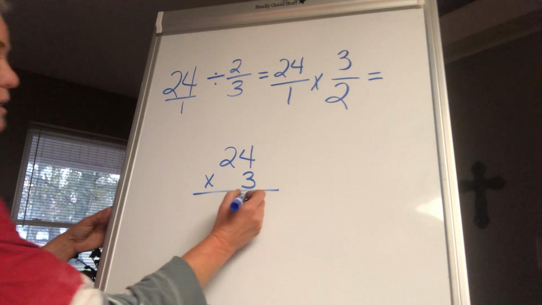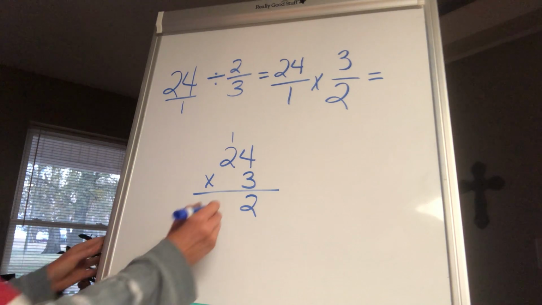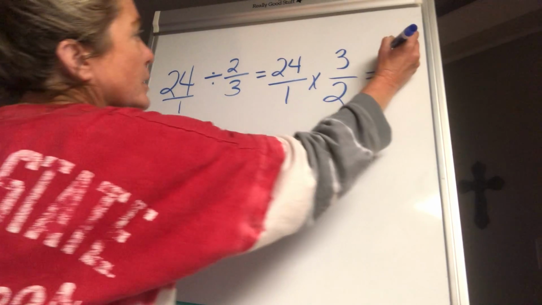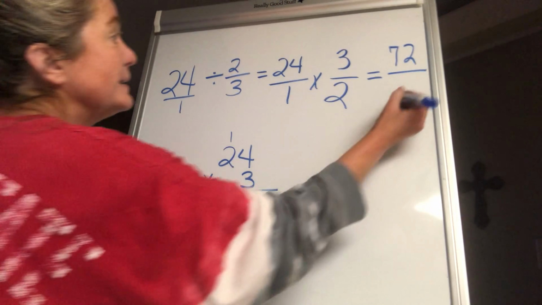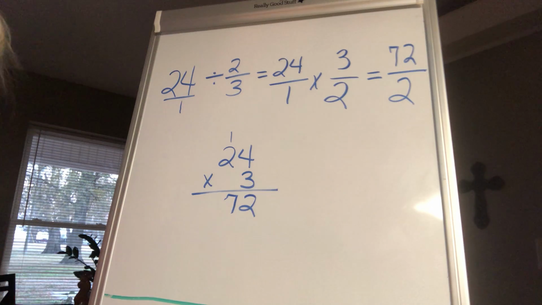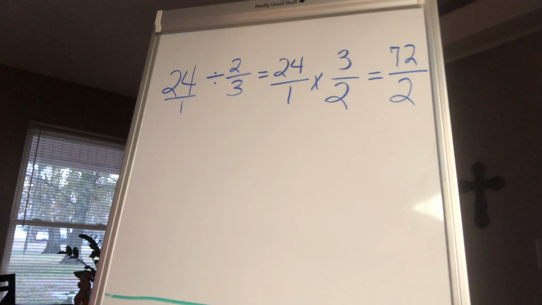So 3 times 4 is 12, and I carry my 1. 3 times 2 is 6, plus 1 is 7. So I have 72, and then 1 times 2 is 2. So 72 halves. That doesn't make a lot of sense, does it?